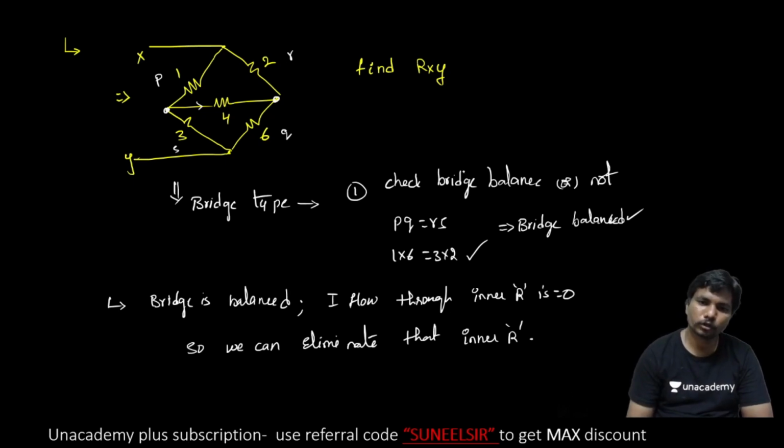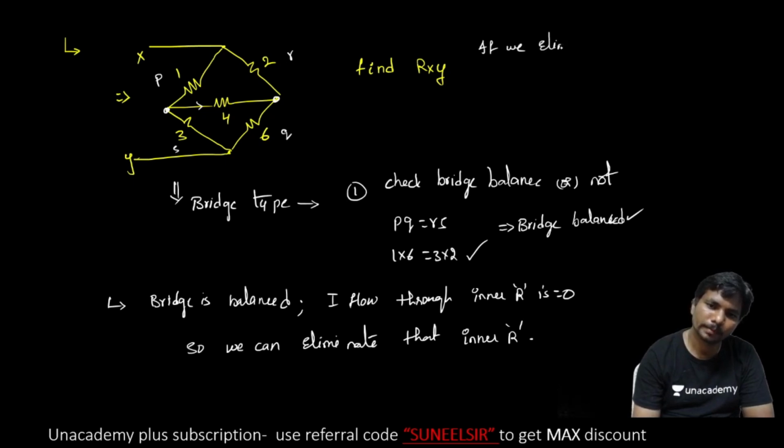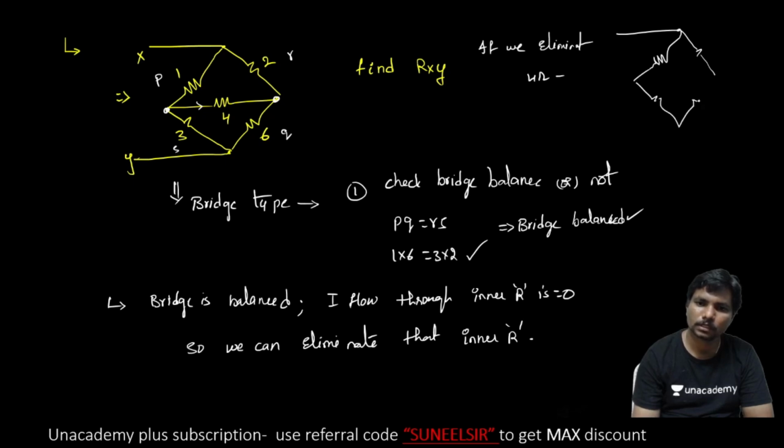If you eliminate the 4 ohms resistor, then the circuit is simply like this: 1, 2, 3 and 6.